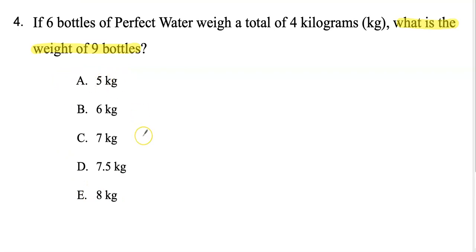Again, you want to see if there's any answer choices you can eliminate. I don't see any off the bat, but you might. But I do know it says that 6 bottles weigh 4 kilograms. So 6 bottles weigh 4 kilograms.